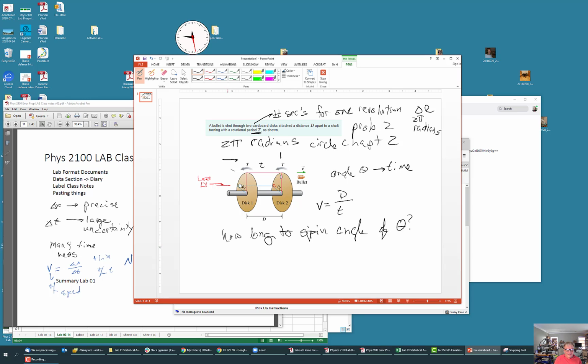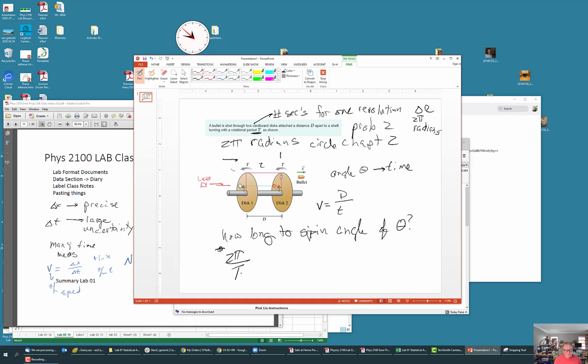So that means, let's see, how many seconds per 2 pi. That means we need radians per second. So we want time on the bottom. And because we know the two of these are related to each other, that's another thing.